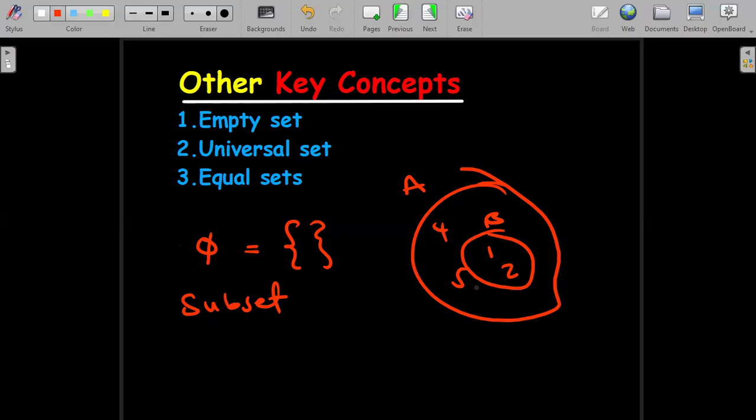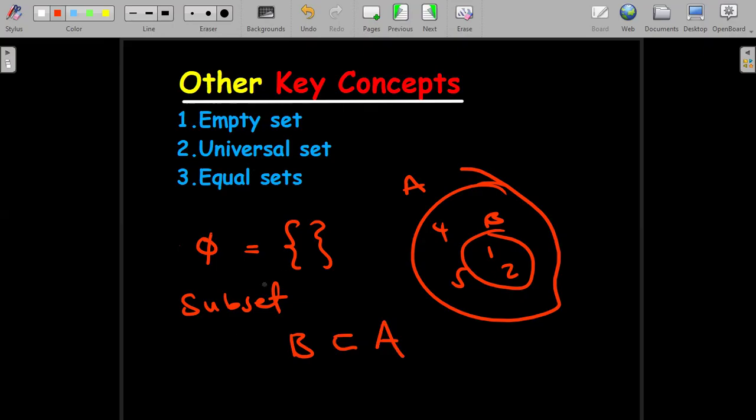B is a subset of what? Of the set A, because it's contained within the set A. So this is what a subset is. We denote it with the subset symbol: B is a subset of A. This is how we denote the subset.